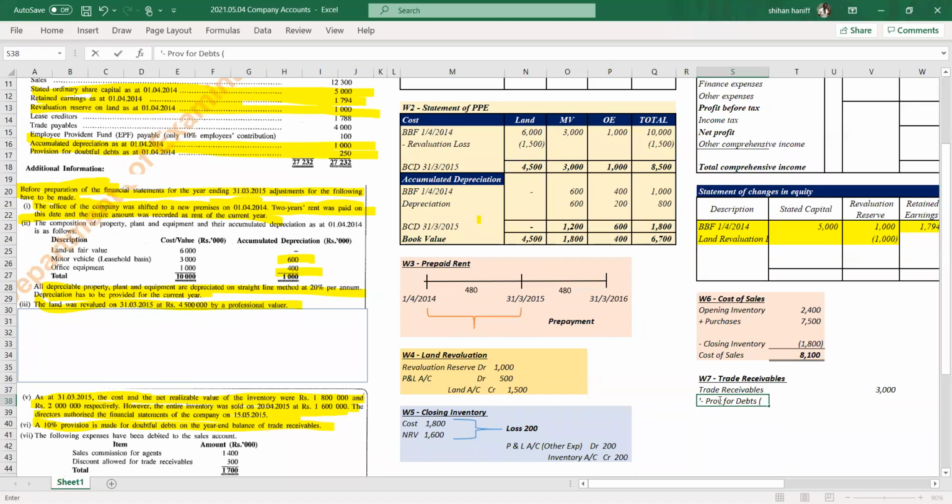And take the balance within bracket 250 opening. And the closing balance should be 10%. So 10% means it is 300. So already there is 250 balance in the provision. So we need to increase the provision by another 50. Then only this becomes 300. Right? So net balance is 2,700.